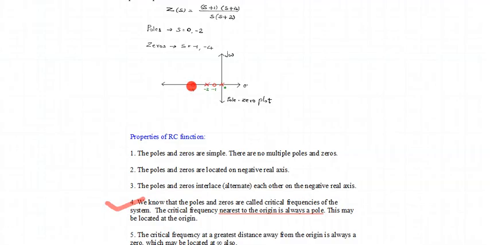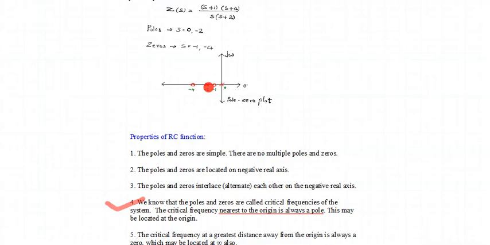Interlaced means they are one after the other, the pole followed by zero, zero followed by pole, and so on. There are never repetitive zeros or repetitive poles following one another. Neither are there repetitive poles and repetitive zeros at a particular location. There is only one pole or a single zero at a particular location.